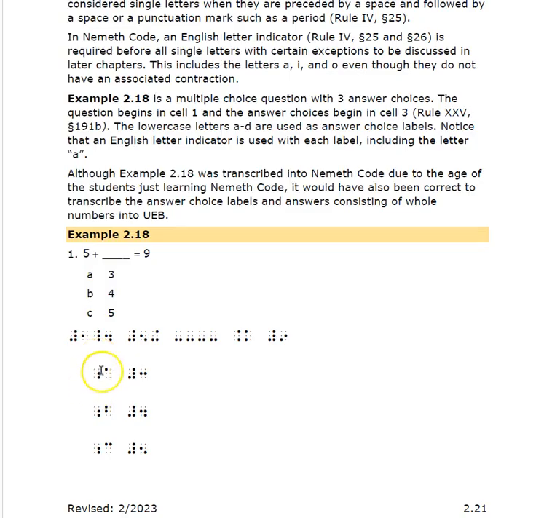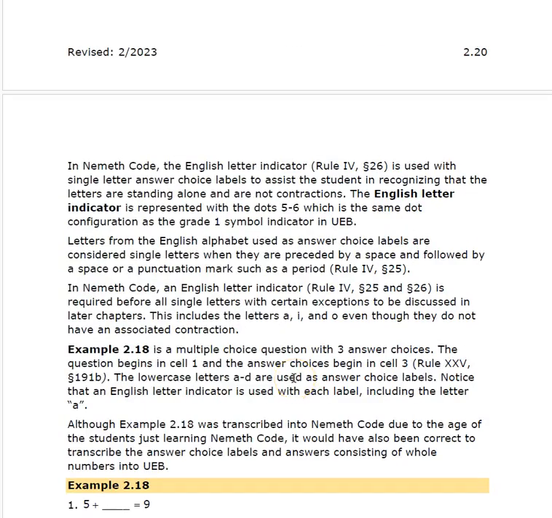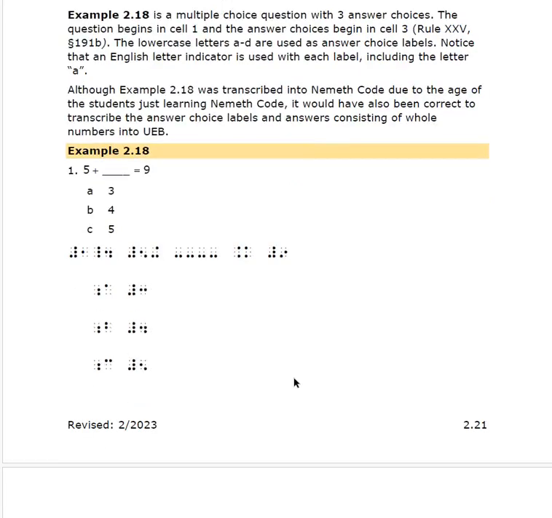This letter sign that we've been using, the grade 1 symbol, is called in here the English letter indicator. It's essentially the same thing, used the same way; they just gave it a little different name.